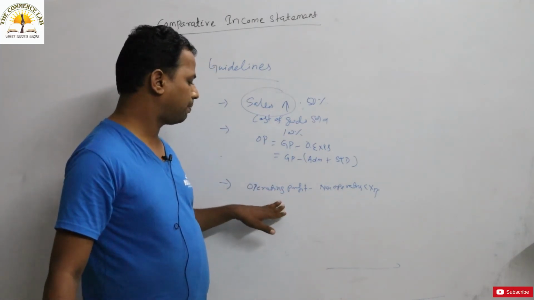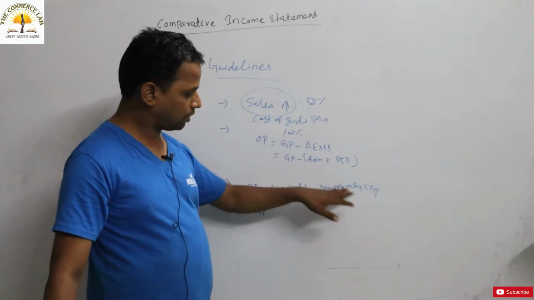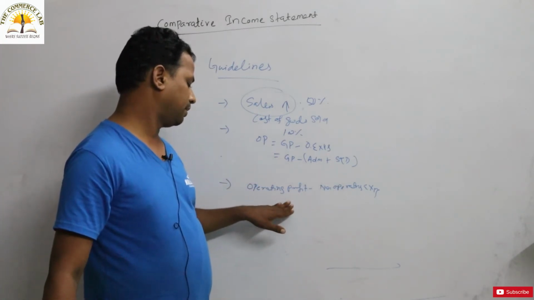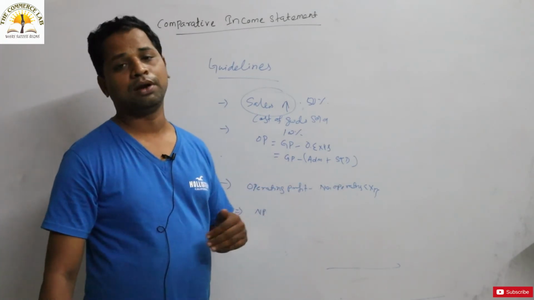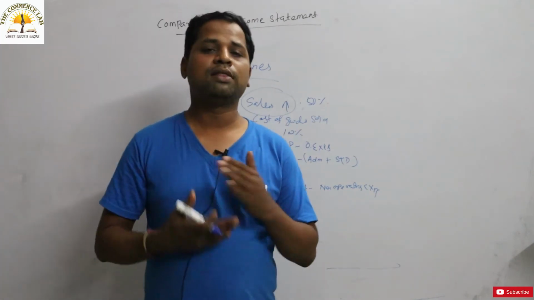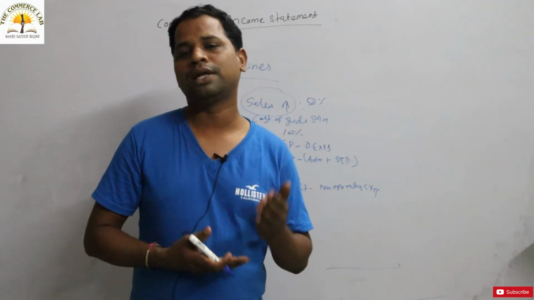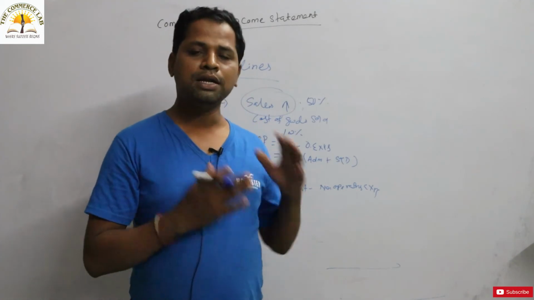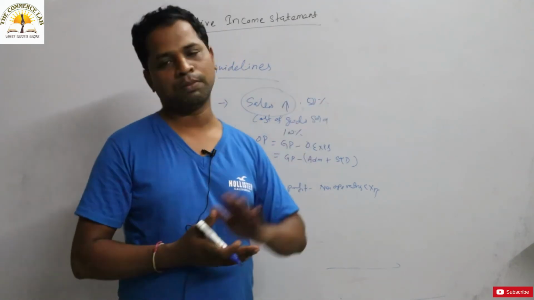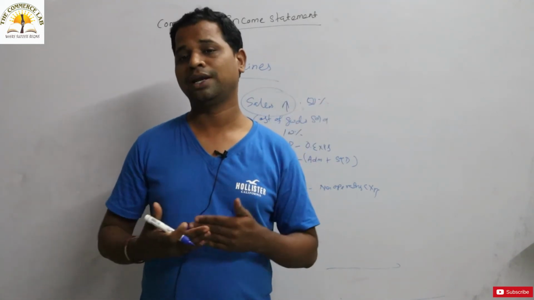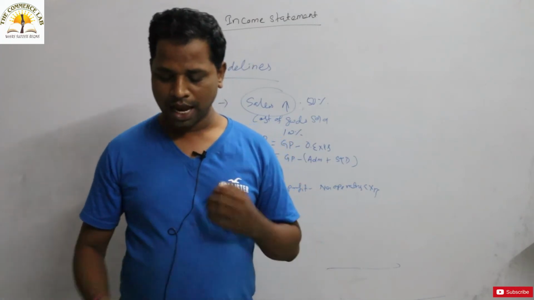When you deduct the non-operating expenses from operating profit, what will you get? Net profit. Then you can know whether the net profit is increasing or decreasing in that particular income statement. While preparing the format of income statement, you can also know the net profit, whether it is increasing or decreasing.